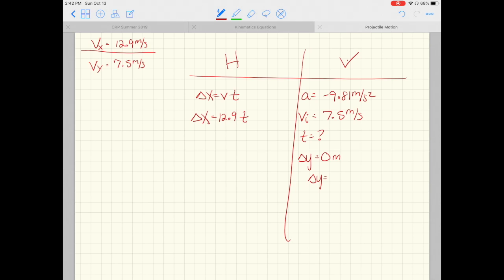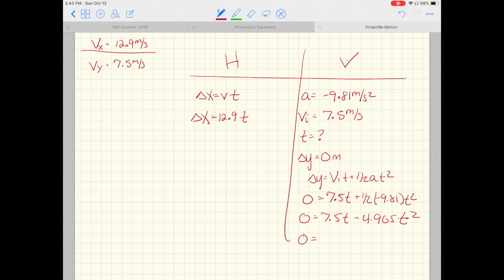So again, I'm going to use the second equation because we like to use the second equation when it comes to projectiles. 0 equals 7.5t plus 1/2 at squared, where a we know is negative 9.81. All right, and with some math, we get this. And this is a quadratic, and the only way to solve a quadratic is to either factor, use the quadratic equation, or put it into your graphing calculator.